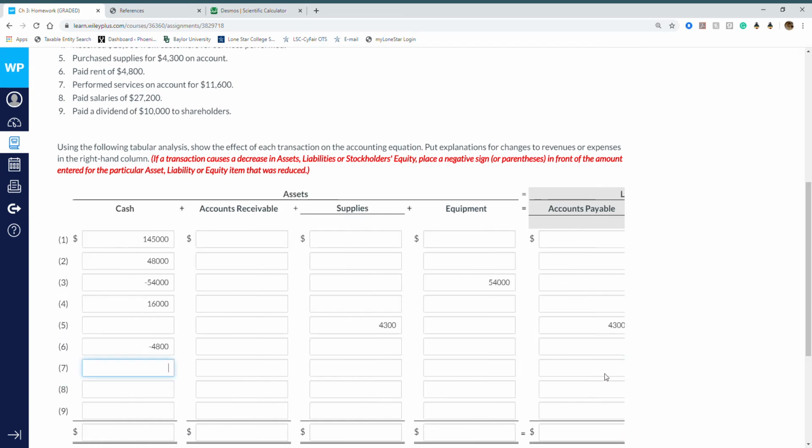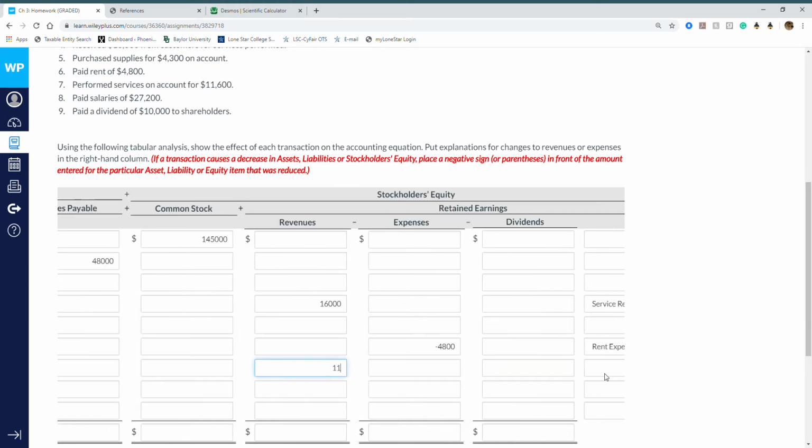There we go. Number 7, we performed services on account. Oh, so we did perform services. We do know we have a revenue, but unfortunately it is on account. That means we pretty much are billing the customer, or we're expected to receive the money. We have yet to receive it.